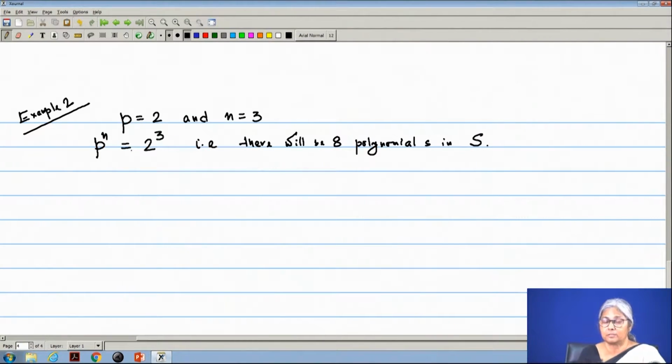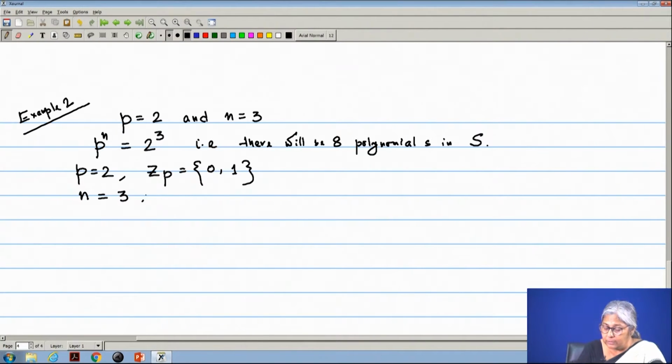Similarly, if I consider the indeterminate as x, so here p equal to 2, that is Zp will be only 0 and 1, because it is 0 to p minus 1, and n equal to 3.